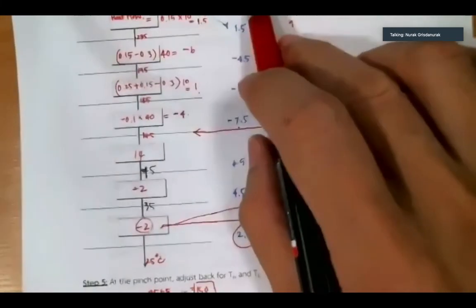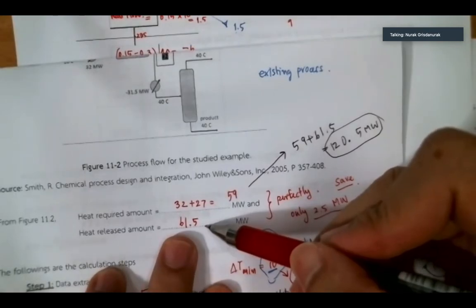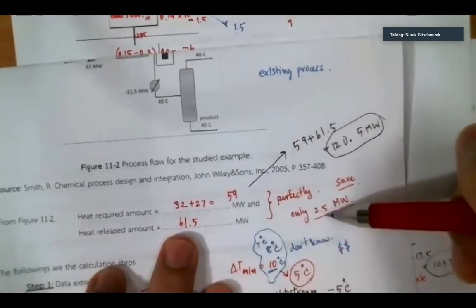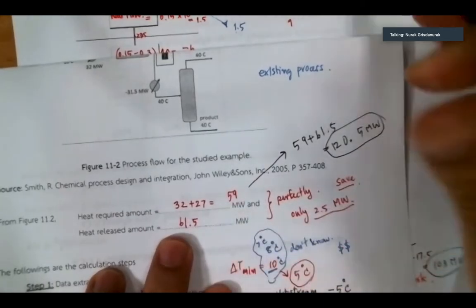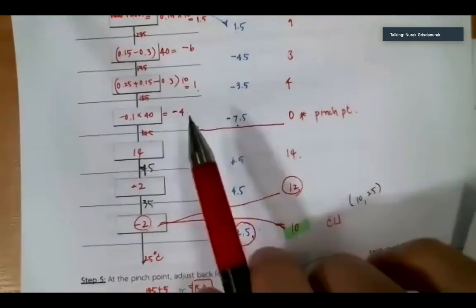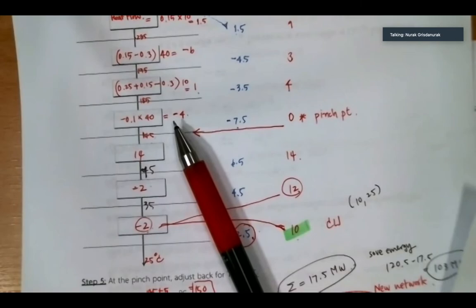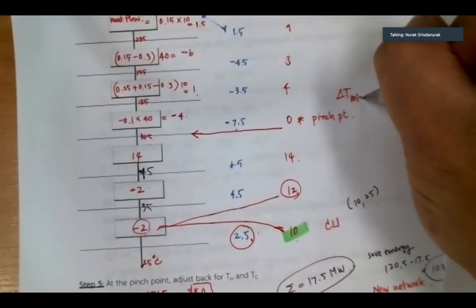If you don't have the hot utility, it means you combine the heat required and heat released quite well. So you require only 2.5 for the cold utility. Again, because you cannot have a perfect unit to exchange the heat as much as you want, that's why we still have delta T min.